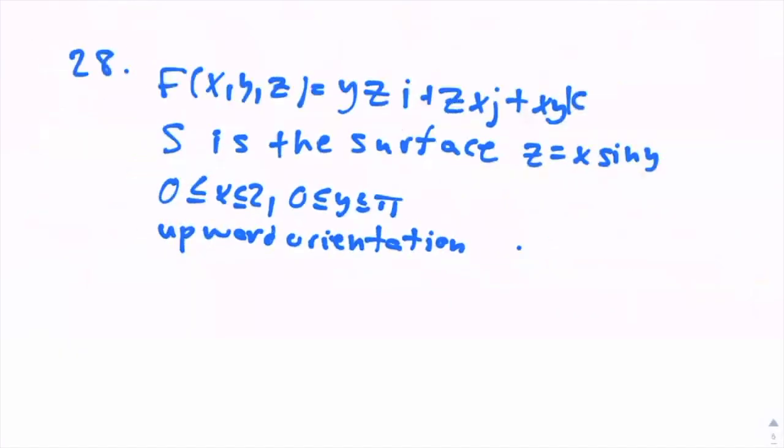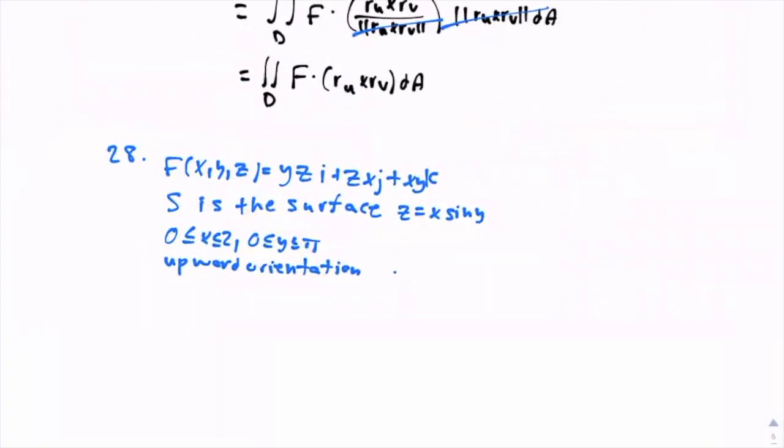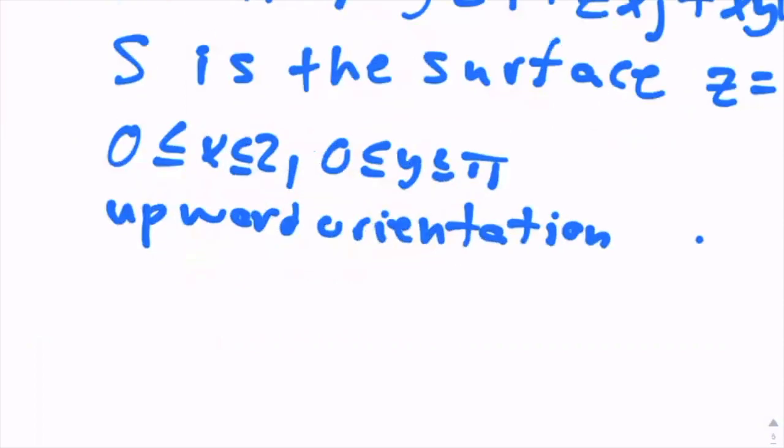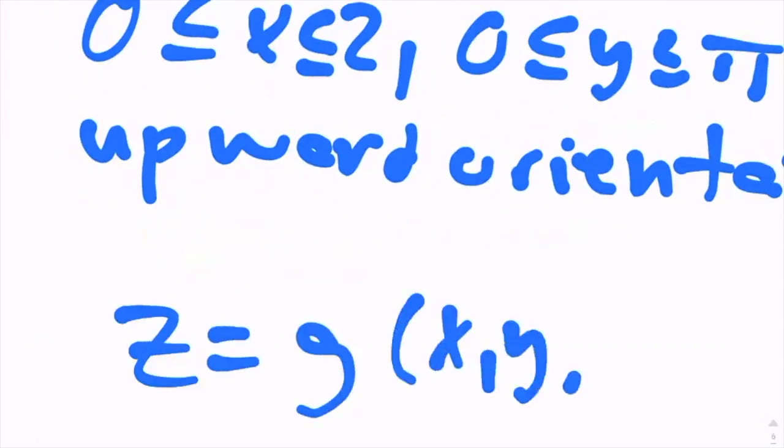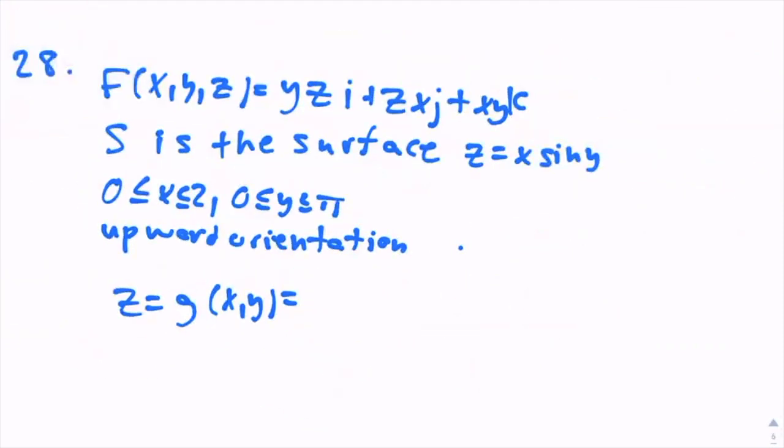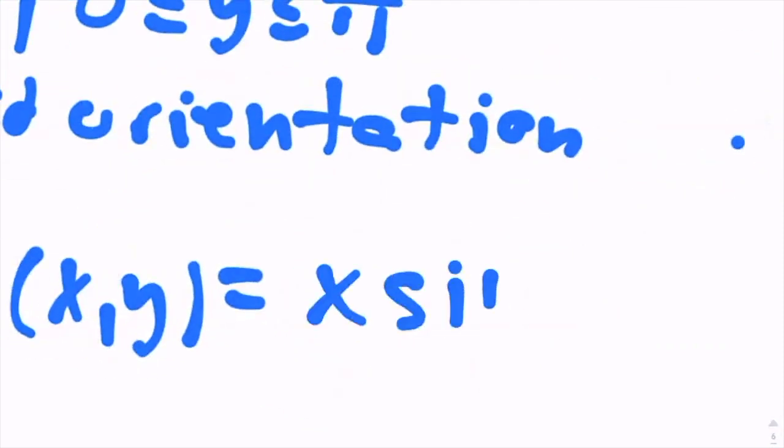All right, now that we have our problem copied down, let's look at what we have. First off, we're already given our z value, which is x sine y.